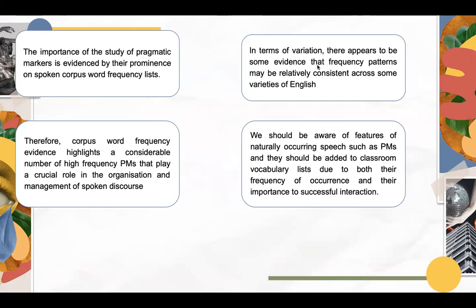In terms of variation, there appears to be some evidence that frequency patterns may be relatively consistent across some varieties of English. For example, studies have found that "I don't know" is also the most frequent three-word unit in the spoken BNC 1994, and these findings have clear implications for pedagogical awareness and intervention strategies.